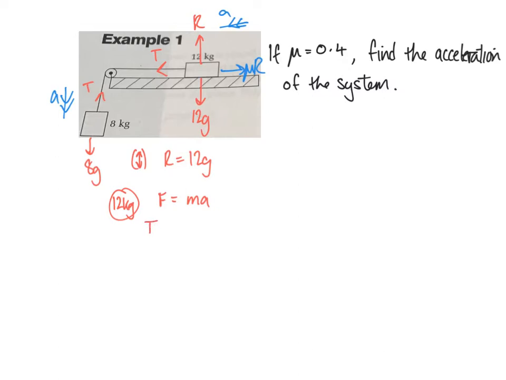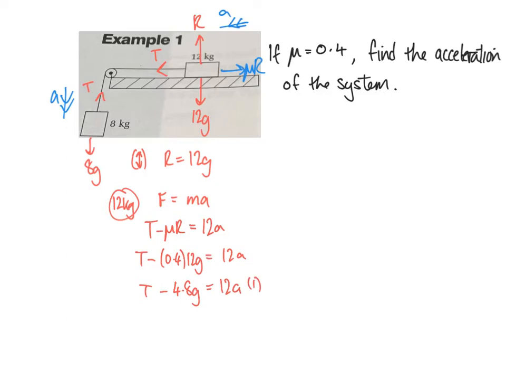So it's T minus mu R is equal to the mass, which is 12, times the acceleration, so 12a. So let's keep going with that. That's T minus, well, mu is 0.4, R is, we've just worked out, 12g, and that equals 12a. And so finally we get T minus 4.8g equals 12a. And let's call that equation 1.